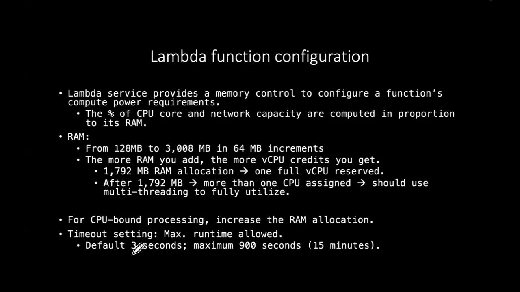But if you set it to, say, 10 seconds and your Lambda function is still executing after those 10 seconds, the Lambda service steps in, stops the execution, returns an exception back to the event source, and trashes the micro VM.